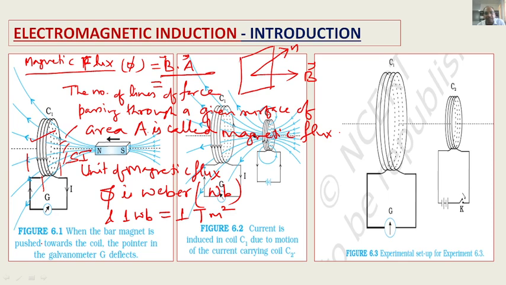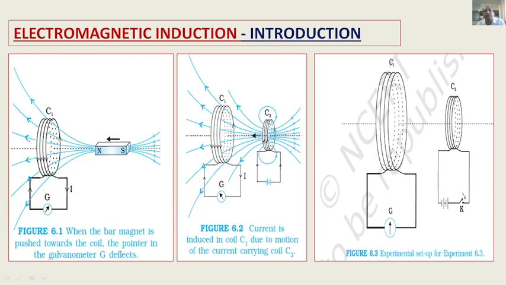Now we will discuss the experiments. So the 3 experiments which were conducted by Faraday and Joseph Henry, we are going to discuss now. In the very first figure, the first experiment, a closed wire loop is taken, and the 2 ends of that wire loop are connected with a galvanometer.